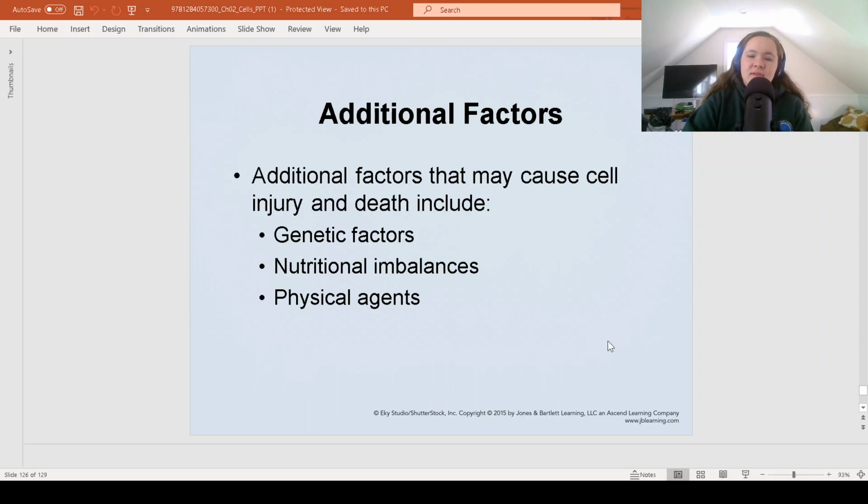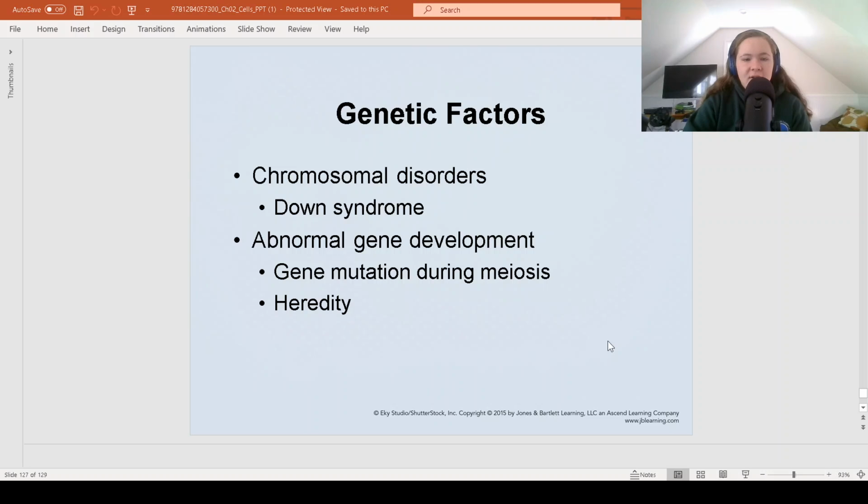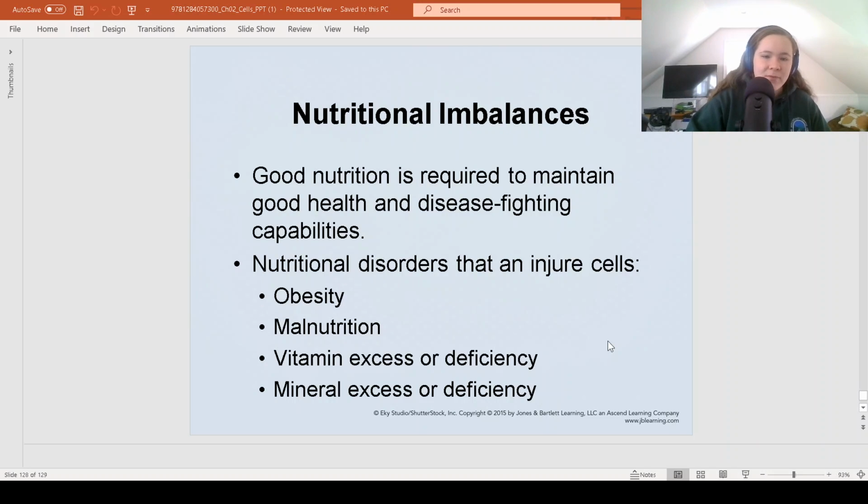Additional factors that may cause cell injury and death include genetic factors, nutritional imbalances, and physical agents. Genetic factors include chromosomal disorders such as Down syndrome, abnormal gene development, like gene mutation during meiosis, and heredity.